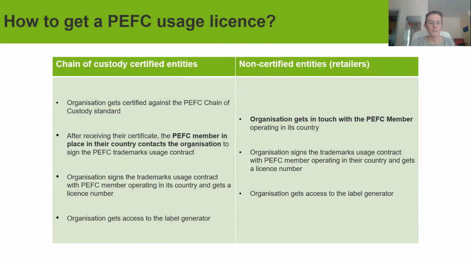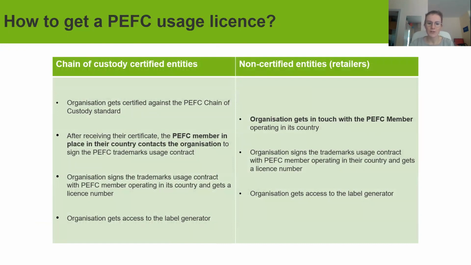For chain of custody certified entities, they must first of all get certified against the PFC chain of custody standard. And then after receiving their certificate, the PFC member operating in their country will invite them to sign the PFC trademarks usage contract.